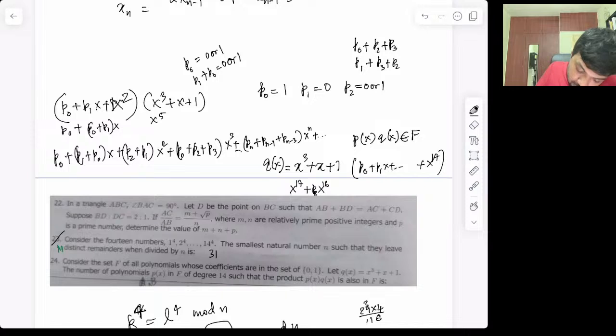Now here P2 can't be 1 because of the third one. If P0 is 1 and P2 is 1, this will become 2, it's gone. So P2 is forced to be 0. And P3 is also forced to be 0 because P0 is 1 already.